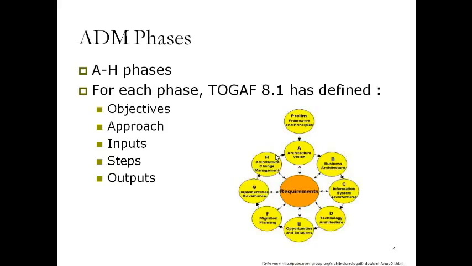And finally, what are the outputs of this process? Basically, what are the capabilities and the things that we are creating at the end of this process, for example, the artifacts.